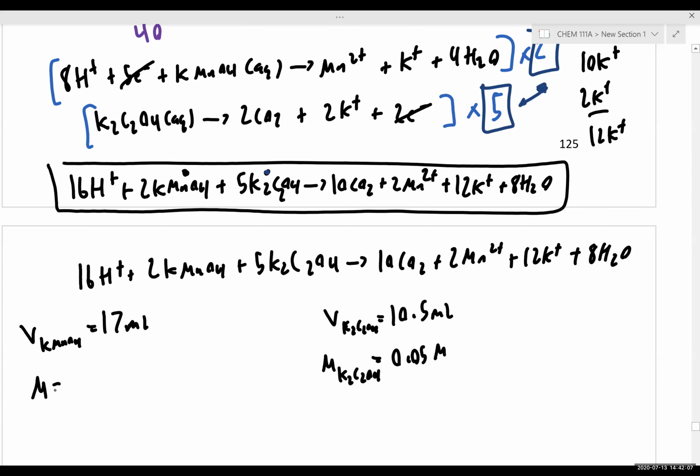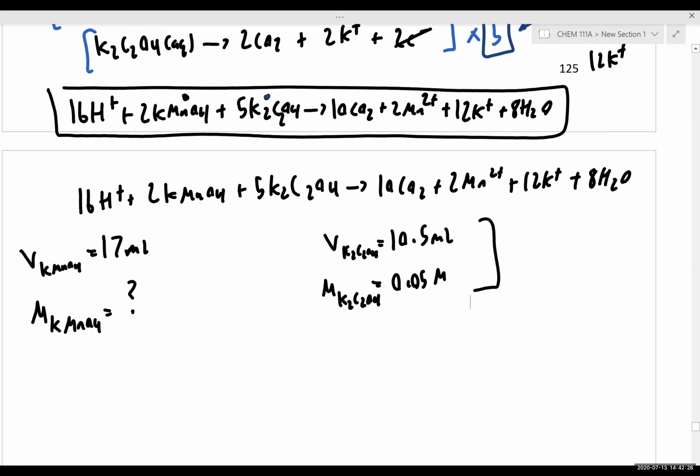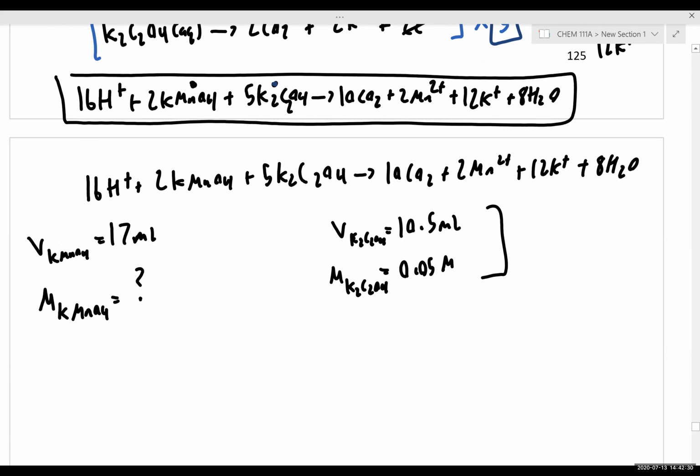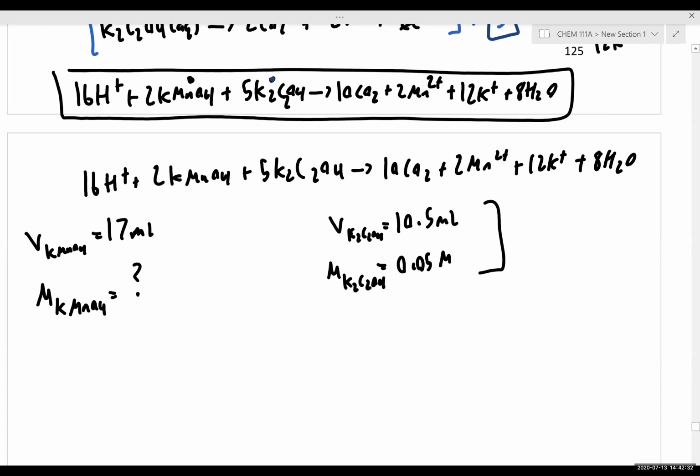So now what I want you to do, given the following information, is solve for the molarity of potassium permanganate based on the following data given for the titration of potassium permanganate with potassium oxalate. And we'll discuss this example in approximately 4 minutes.